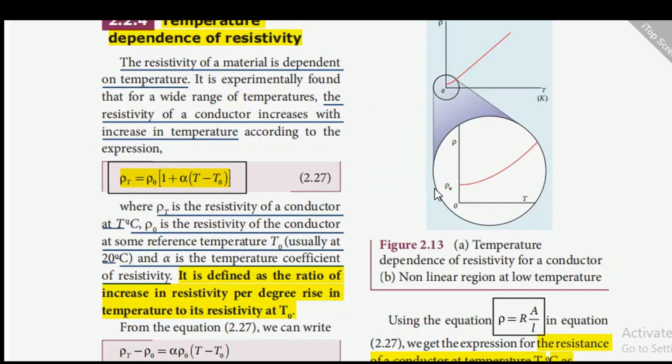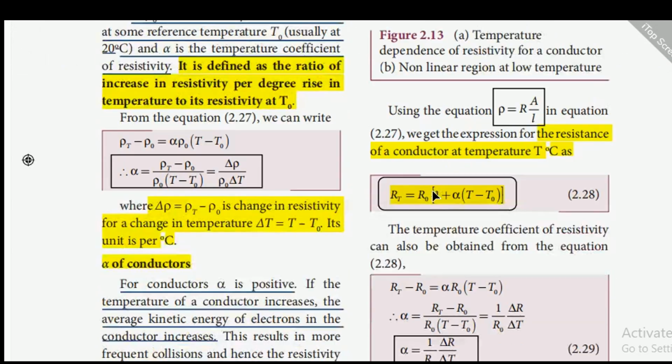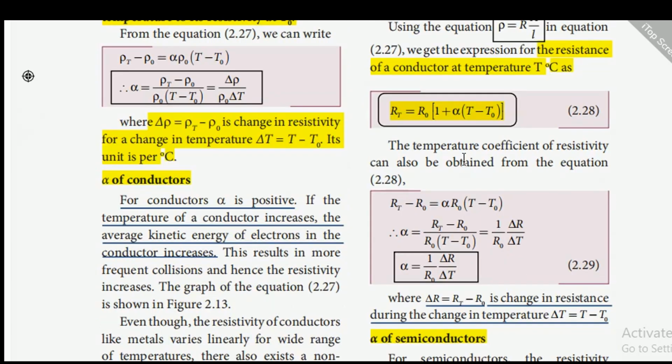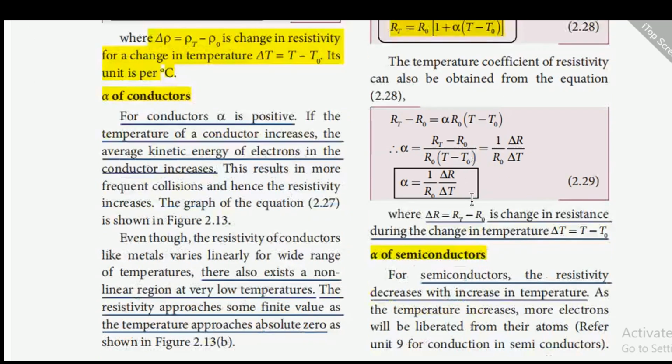Then, by using the equation ρ equal to RA by L in equation 2.27, we get the expression for the resistance of the conductor at the temperature T degrees Celsius as RT equal to R0 [1 + α(T − T0)]. The temperature coefficient can also be obtained from the equation 2.28.